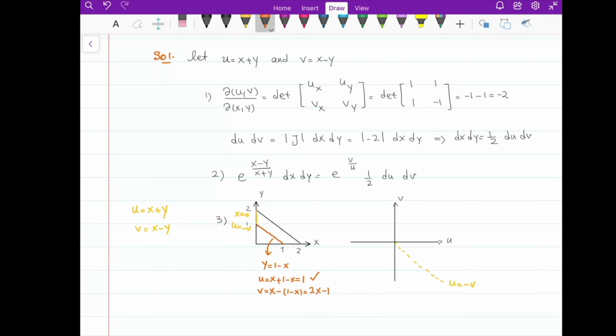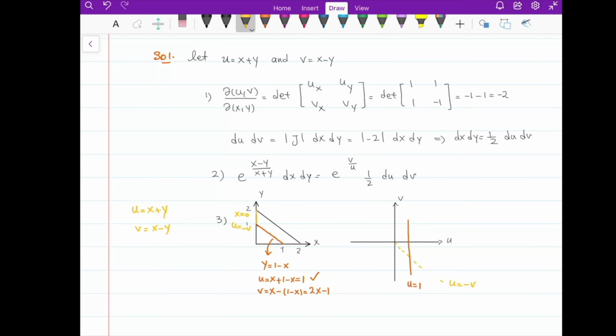Okay, so I'm gonna take this one, which is easier, and this is u equals 1. Actually, let me move this one a little bit here so that I have more space. So this is u equals 1.